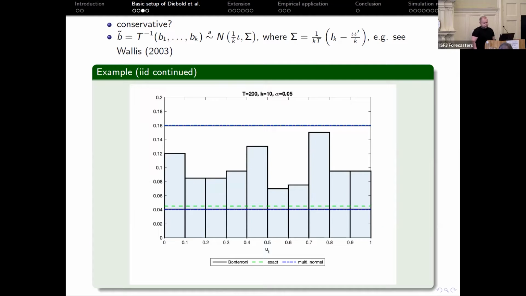Okay, so what's also important to point out here is, although in this PIT series we assume that the observations are not serially correlated, we have serial correlation in the histogram, right? And that is just due to the fact that what we plot there are basically probabilities.